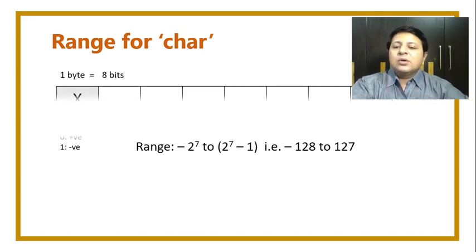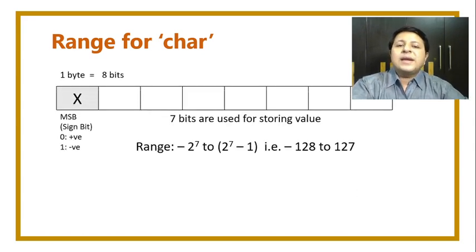If you see for char, the size of char is 1 byte, which is 8 bits. Because by default all the data types are signed, 1 bit out of those 8 bits, the MSB specifically, will be stored as a sign bit, where 0 is considered positive and 1 is considered negative. The remaining 7 bits can be used to store the value.